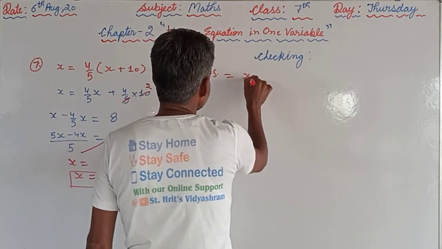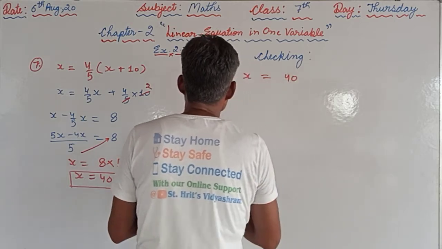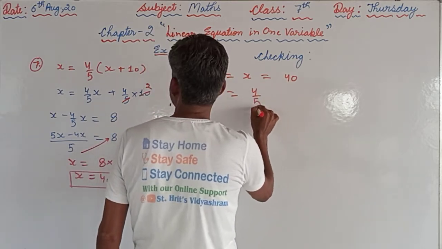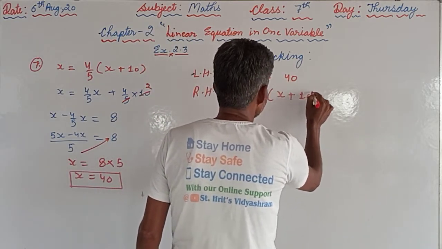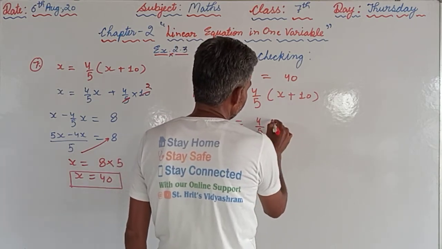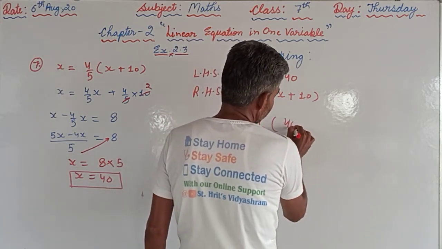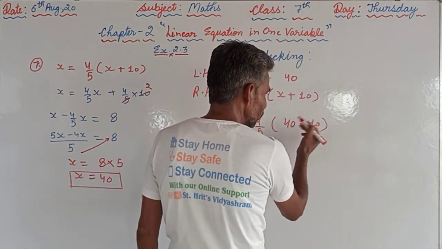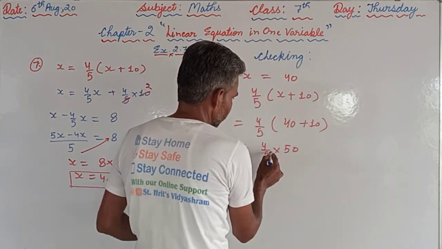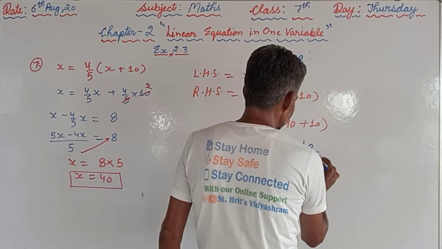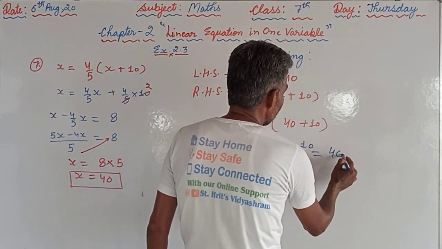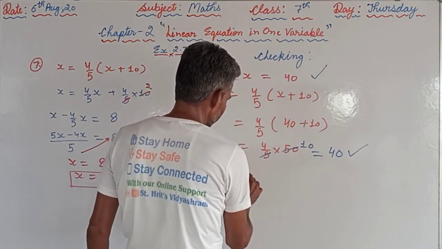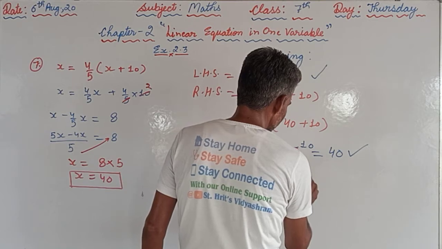Left hand side is x, that is only 40, and right hand side is 4 upon 5 into x plus 10, that is 4 upon 5 into 40 plus 10, that is 4 upon 5 into 40 plus 10, 50, then we will cut 5 10 ja 50, and then 10 4 ja 40. Again left hand side is equals to right hand side. Left hand side is equals to right hand side, hence checked.